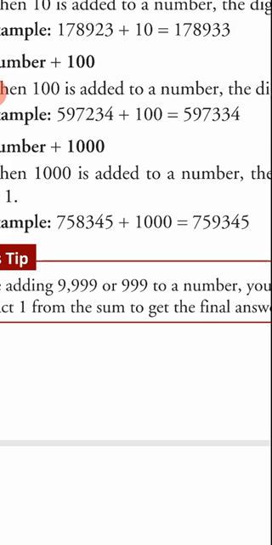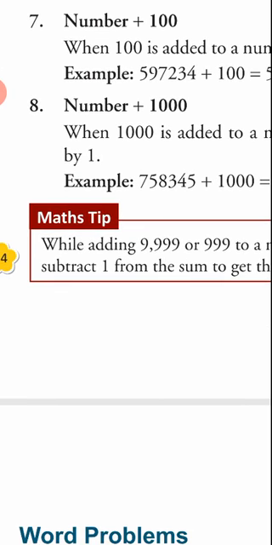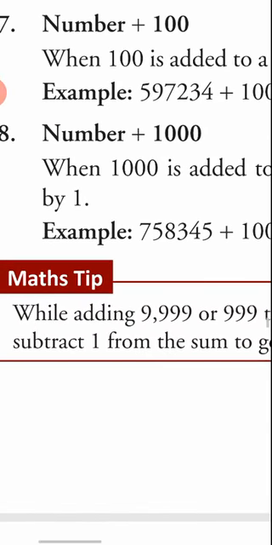Now in this example you can see that 2 is at the tens place. So 2 plus 1, what will be our answer? Our answer will be 3 on the tens place. So we will write the whole number as it is, like 1789, and just change the digit at the tens place, that is 3. So our final answer will be 178933.